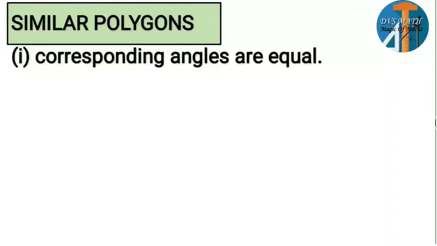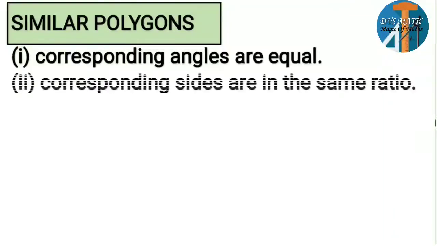This is the first condition to be similar. The second is that corresponding sides are in the same ratio. These two are the main conditions for similar polygons.